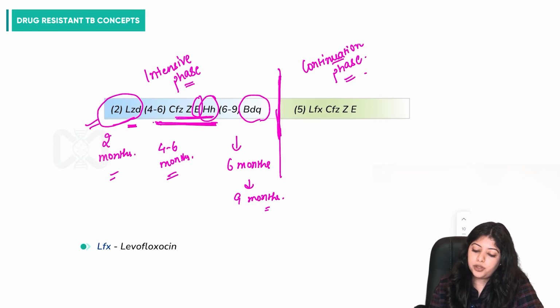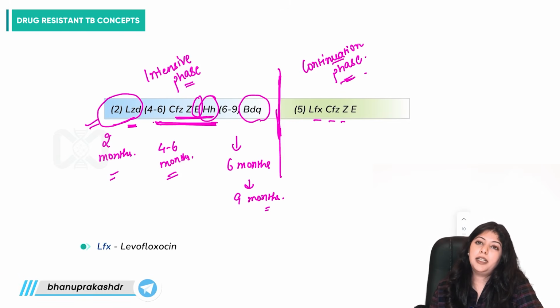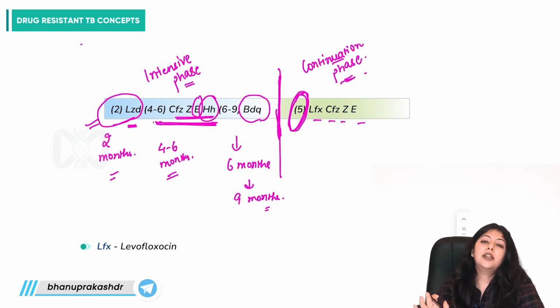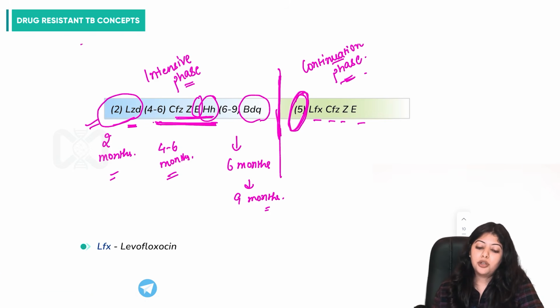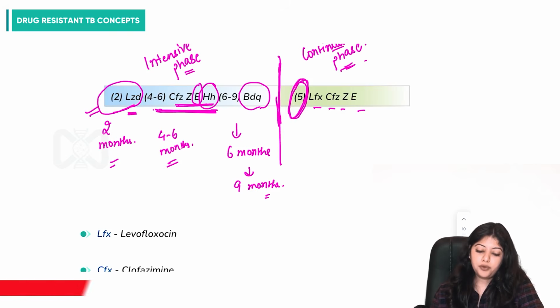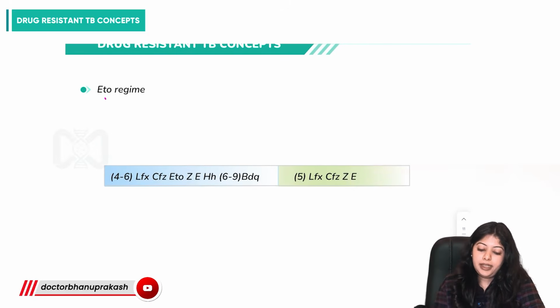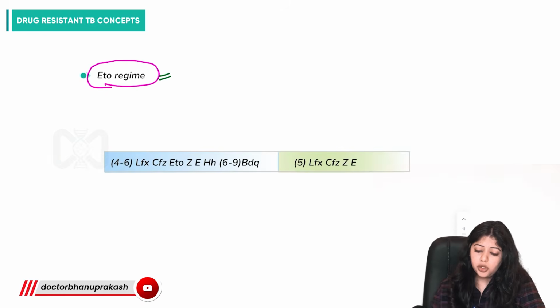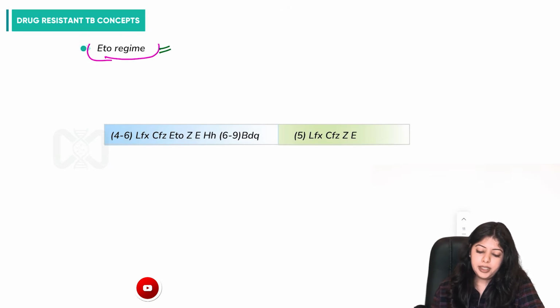The continuation phase includes levofloxacin, clofazimine, pyrazinamide and ethambutol, all given for 5 months. So it is the 9 to 11 months shorter oral linezolid regime. If we are not giving linezolid, the next regime is the ETO regime.